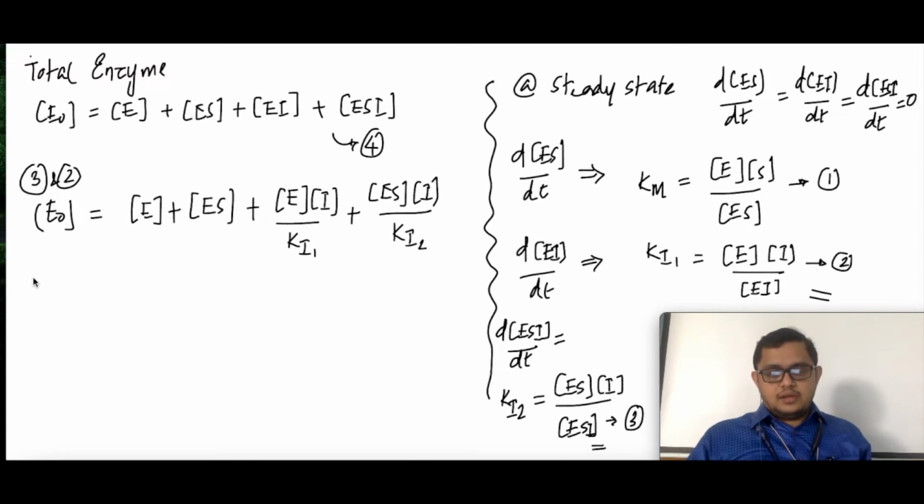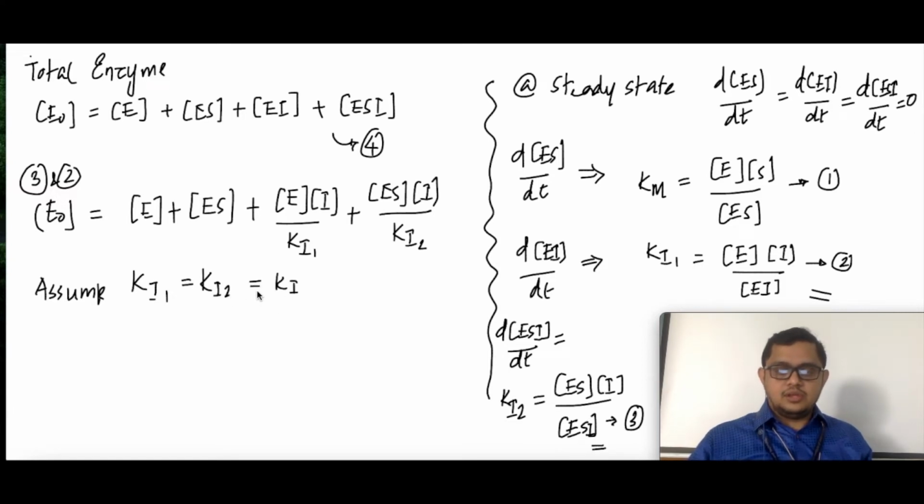Now in order to simplify this, we assume that Ki1 is equal to Ki2. So instead of both, we substitute capital Ki. There will definitely be a small variation between Ki1 and Ki2, but in order to simplify this equation and come to the bigger picture, we neglect that difference.